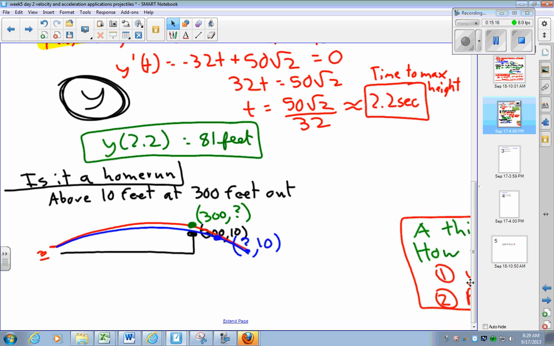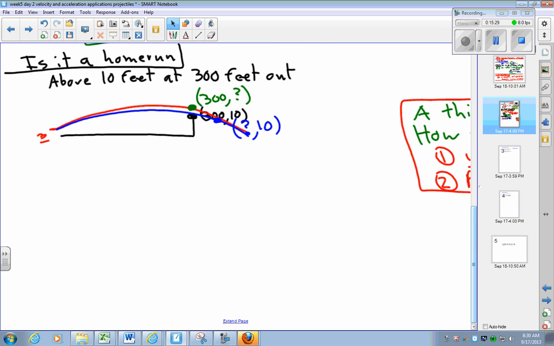Okay? When I do this problem, I tend to think of the red projectile with the green thought. 300 feet out, what's my height? Okay? So let's look at that. So 300 feet out is what I'm looking for. So 300 feet out is x of t. So I want to know, when is x of t equal to 300?